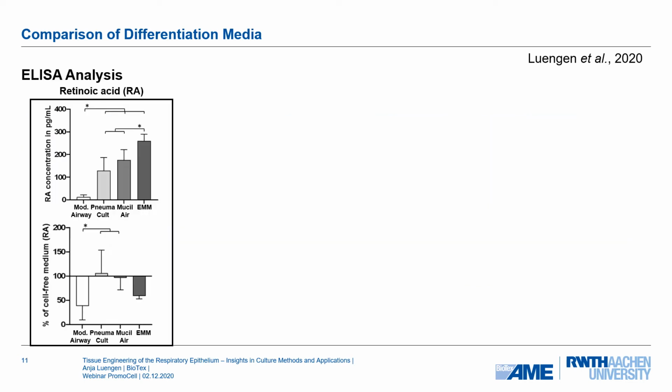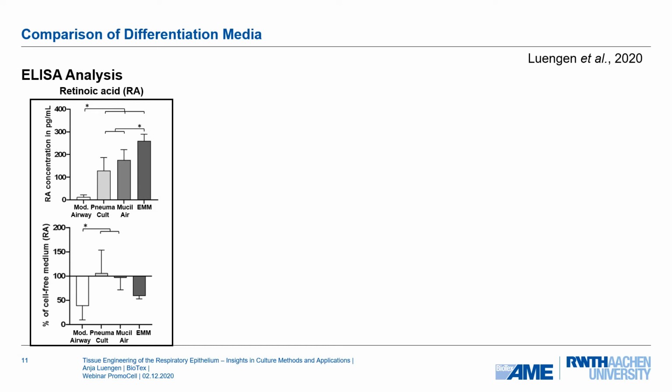We also analyzed the production and consumption of several growth factors using an enzyme-linked immunosorbent assay, or ELISA for short. To begin with retinoic acid, we could observe that retinoic acid content in used modified airway medium after the media exchange was rather low in comparison to the other media.